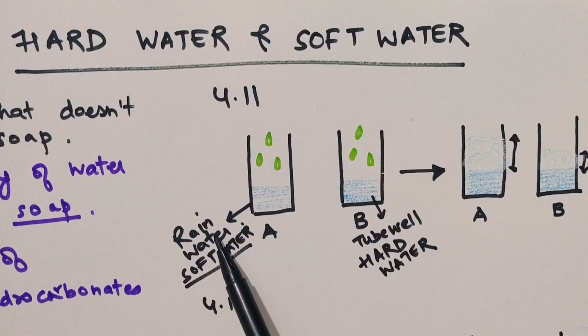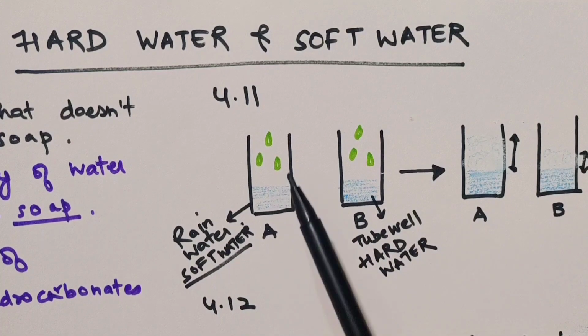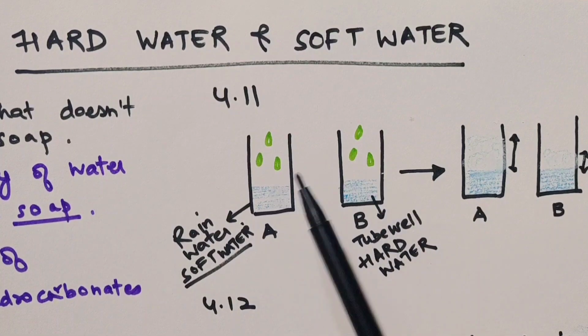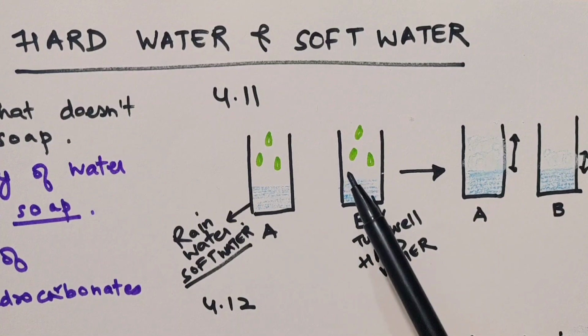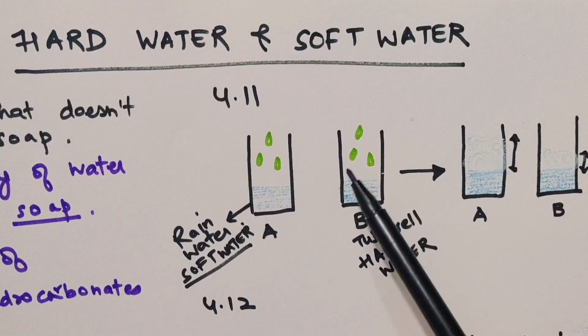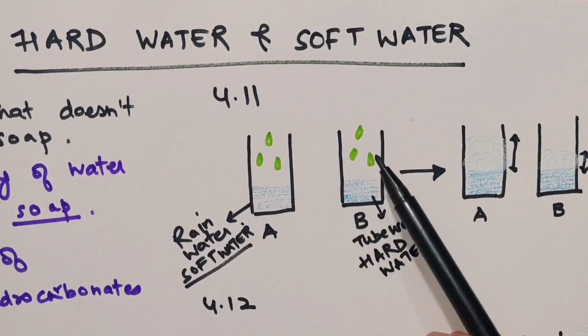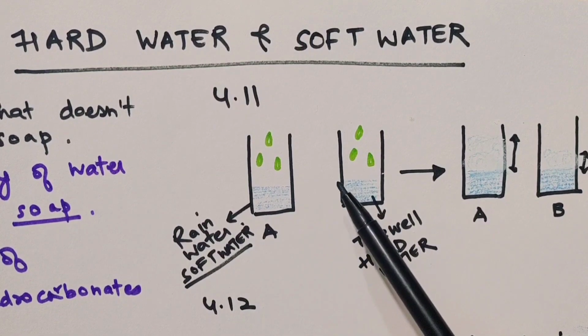One is rainwater, the other one is tube well water. After that, we have added soap in both test tubes, equal amount of soap, mind you, same type of soap. And after that, we shook these test tubes an equal number of times. Let's say 10 times we shook them both.